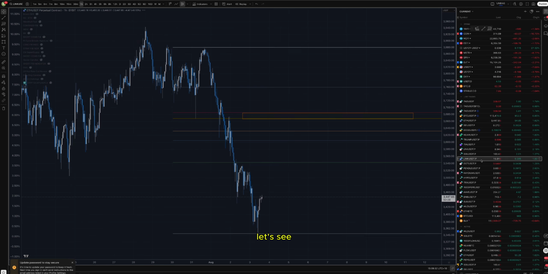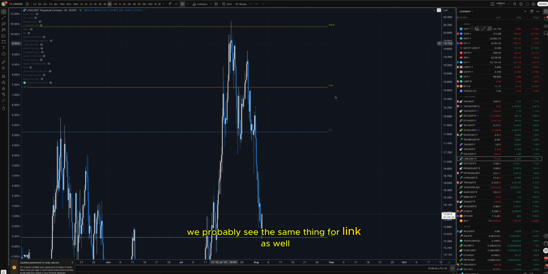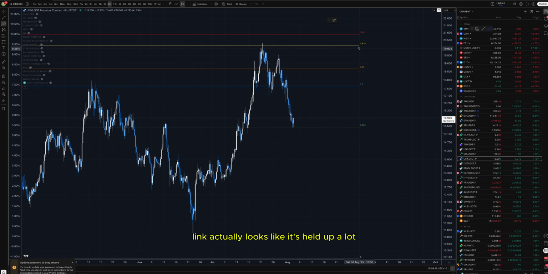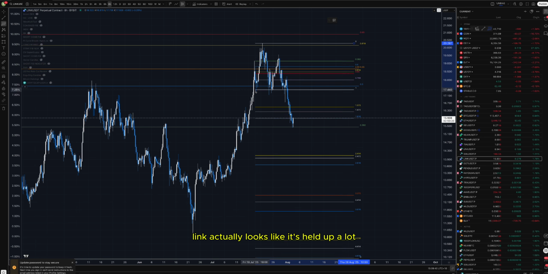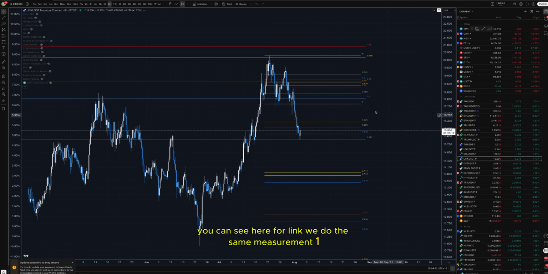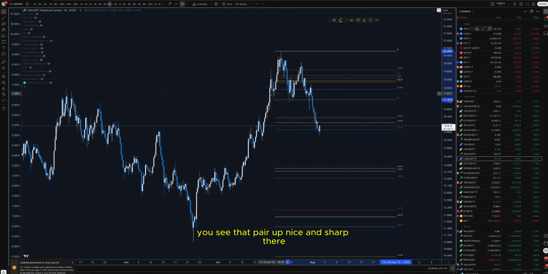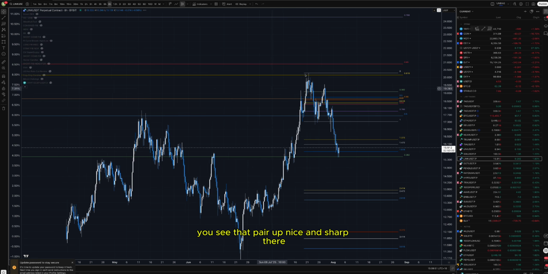Let's see. We probably see the same thing for Link as well. Actually, Link looks like it's held up a lot. You can see here for Link, we do the same measurement, 1618 for the level, swing high, swing low. You see that pair up, nice and sharp there.